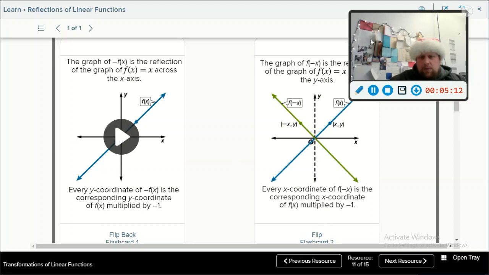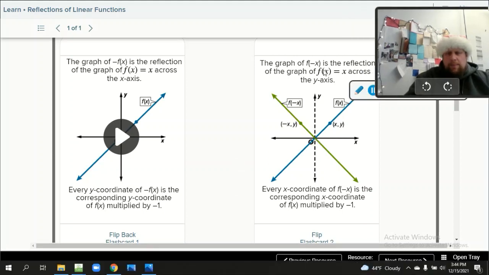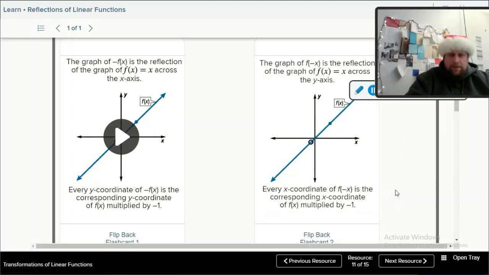We have our next one, which is the opposite: what happens if we group the negative with the x. Well, then guess what? It's going to flip across the y-axis. Let's watch this nice little animation right here. We have our f of x, our point x, y, and instead of rotating down, it's going to flip across the y-axis, and we're going to have negative x, y.